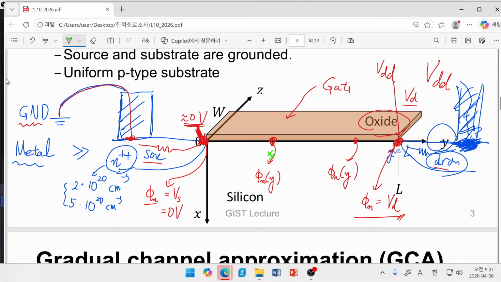Our domain is no longer one-dimensional. Our domain is now two-dimensional. We have to consider x and y simultaneously. You can ask me this question. We have even a z direction. Yes, but why do we not consider this z direction?